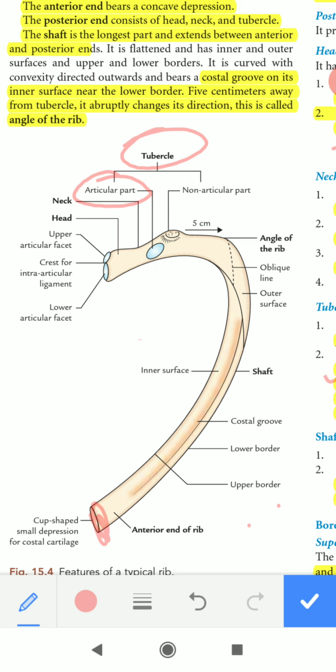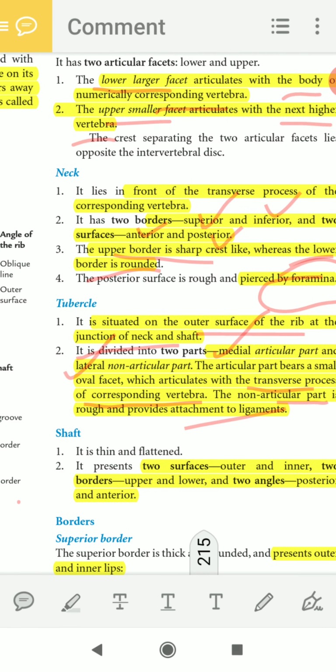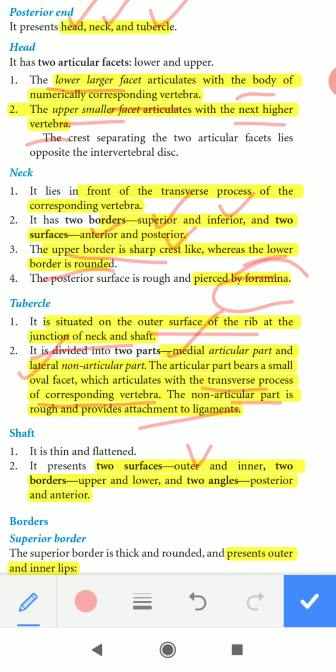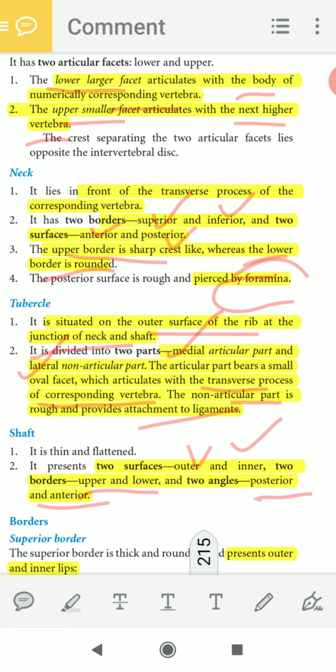Now come to the shaft. The shaft is thin and flattened and it is also curved. The shaft has two surfaces, outer surface and inner surface, two borders, upper border and lower border, and two angles, posterior angle and anterior angle. Now come to the upper border or superior border.